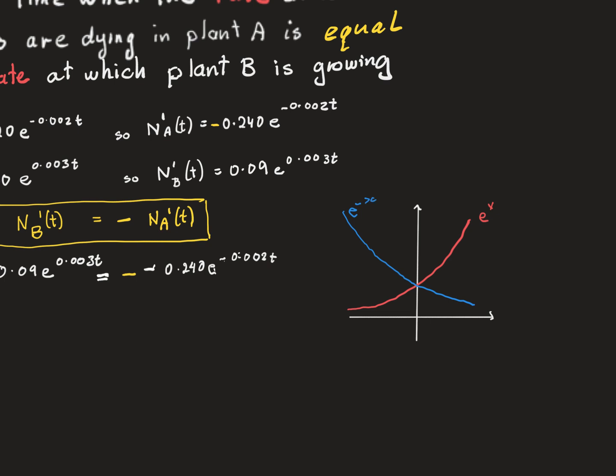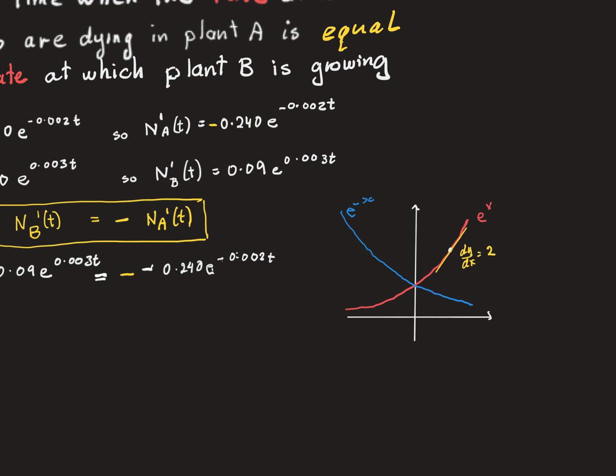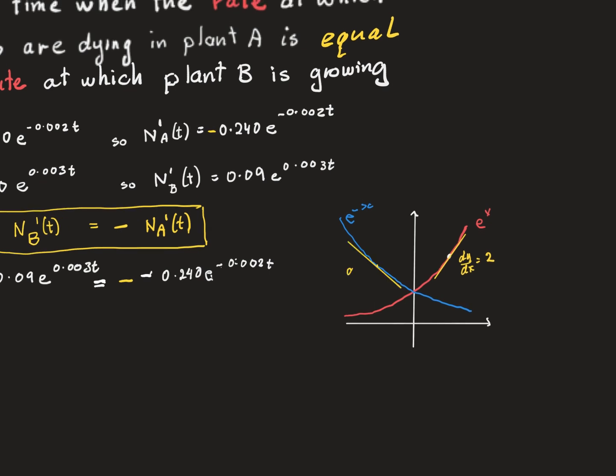If I look at a particular gradient at this point, and let's imagine that gradient, dy/dx, is equal to 2, the gradient which is equal in rate to the other exponential function would be not positive, but negative. But it is equal; the rate is 2. One is increasing and the other one is decreasing.